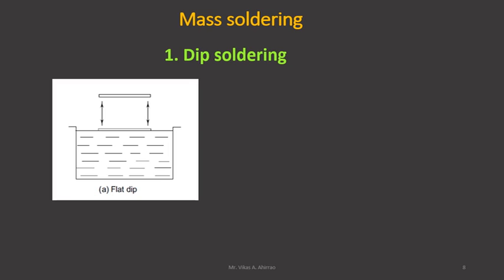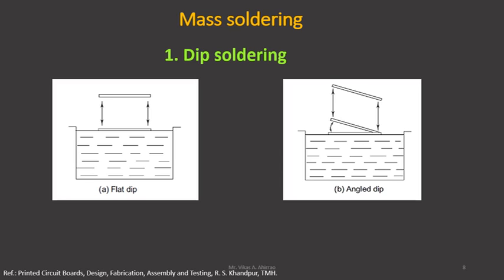But in this method, which is known as the flat dip, air may get intruded and solder defects may occur. To avoid this, the second method is there, which is called the angled dip.